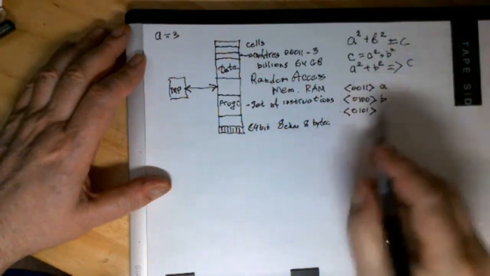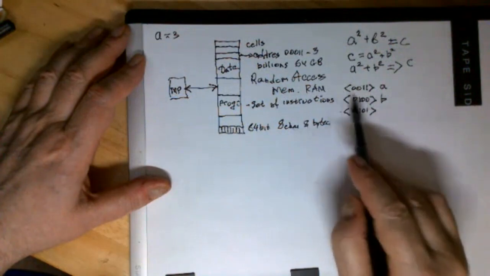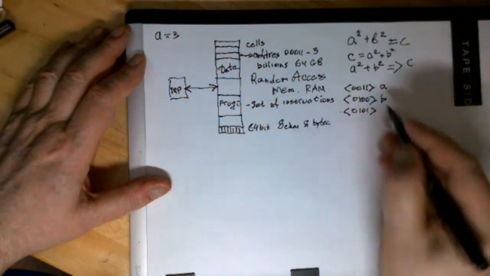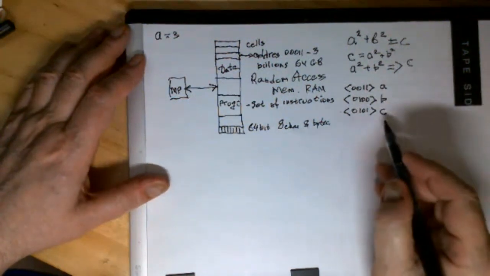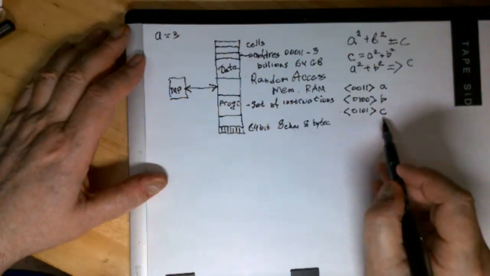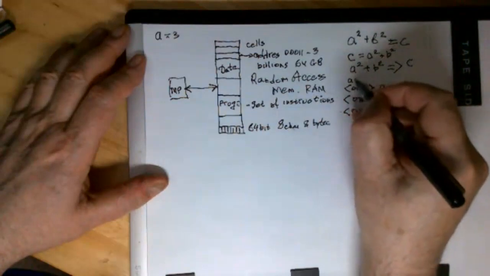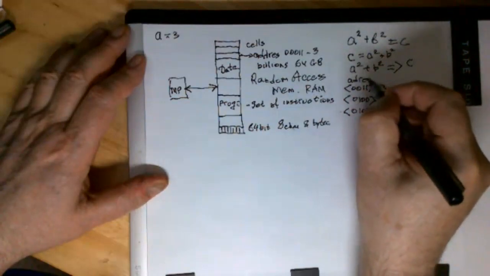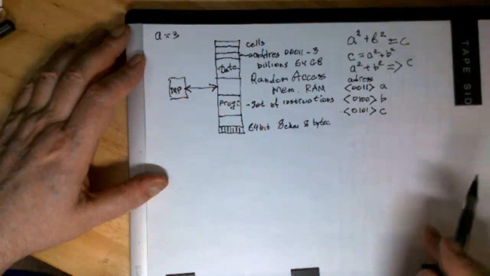0101, and this is a cell address. This is not content, this is address. But the content of this cell with this address will be our variable. So how to understand this? Variable C will be placed in the cell with address 0101.